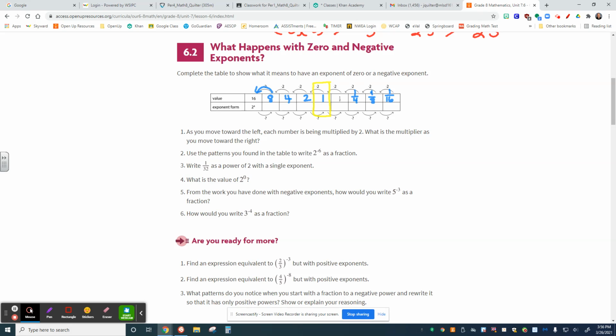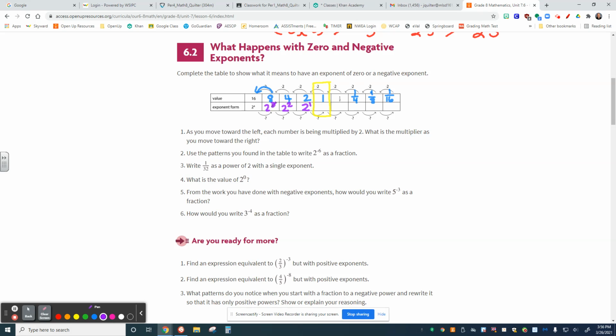So let's see what happens when we get into the exponent powers. As we look at exponent powers, we know that 2 is the same thing as 2 to the first power. So it seems reasonable that on the next one, 2 to the second power, makes absolute sense because 2 times 2 is 4. And on the next one, we have 2 to the third power.